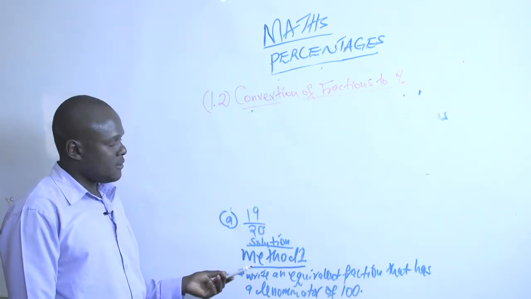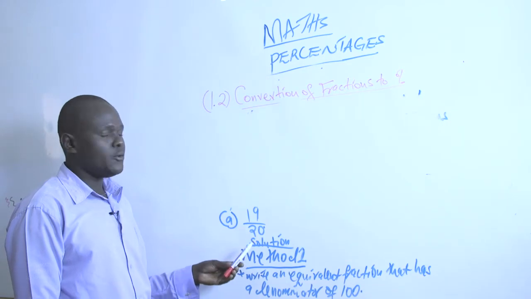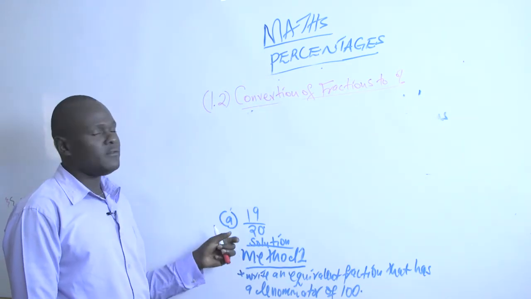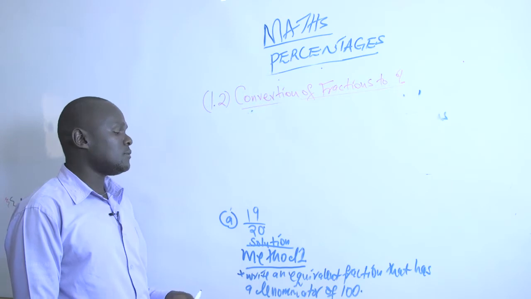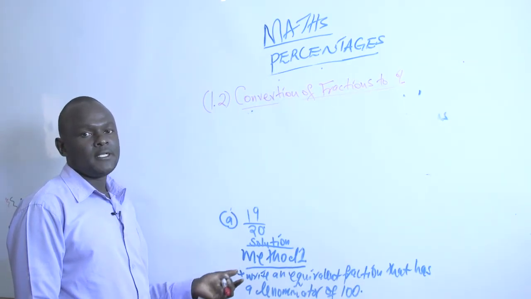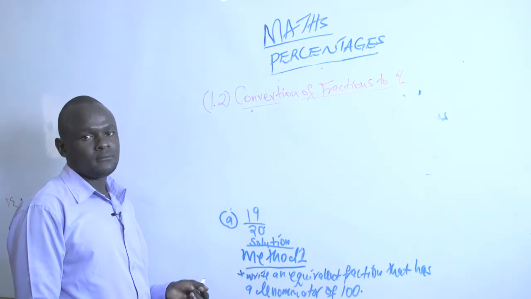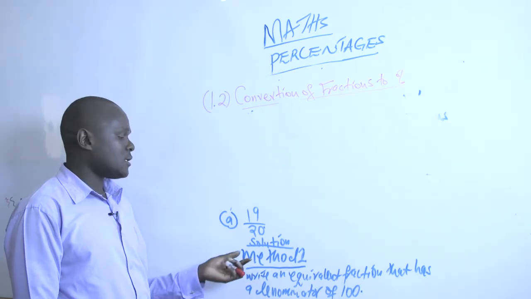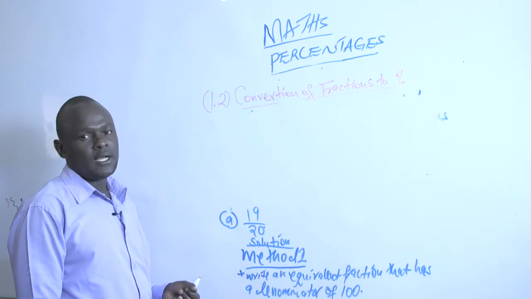As I have said, in solving this, we are going to write an equivalent fraction to 19 out of 20 that has a denominator of 100. This is a concept that we have already learned.